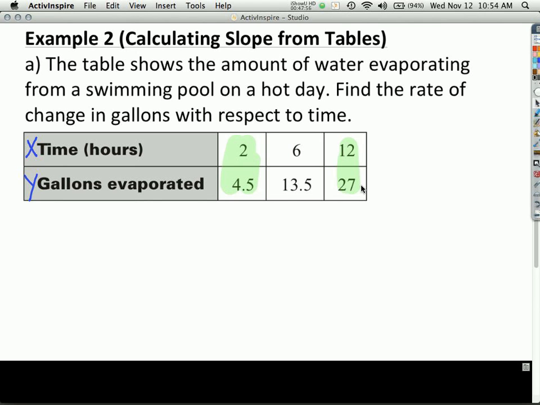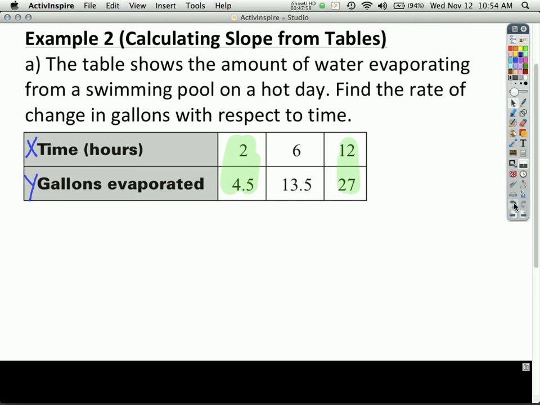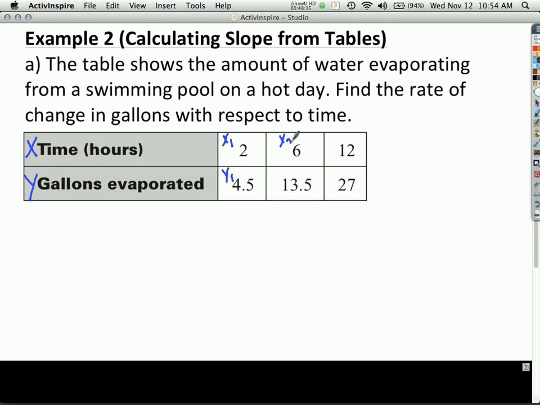In fact, we're going to do a quick little experiment. So, I would like everyone who is on this side of the room, you have this table written down now, I want you to label your table like this: X1, Y1, X2, Y2. Make sure you label it X1, Y1, X2, Y2.